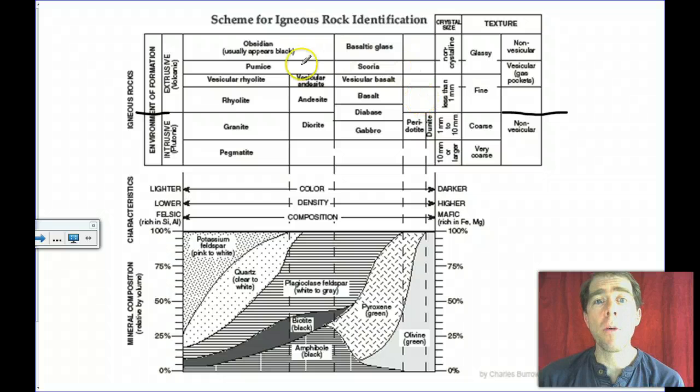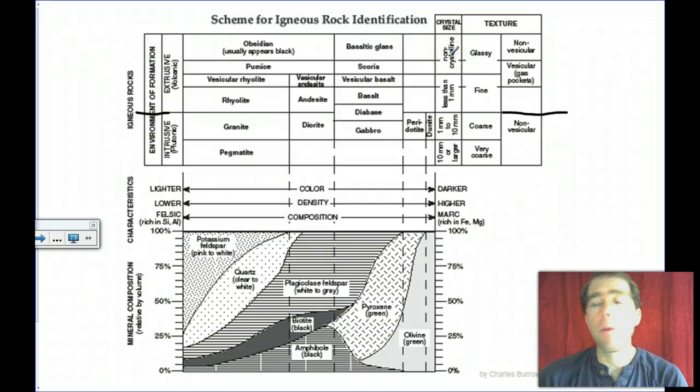All the rocks above this line that goes all the way across, except for this diabase, were formed from volcanoes, and their crystal size is either fine or glassy: very, very small crystals, less than 1 millimeter in size, or no crystals at all, glassy, looking like glass.